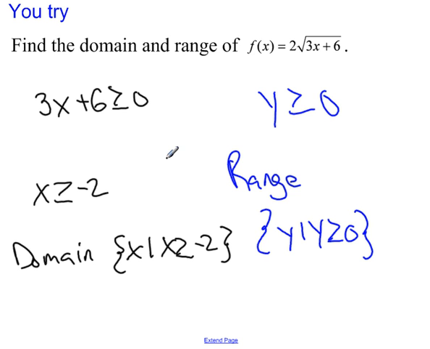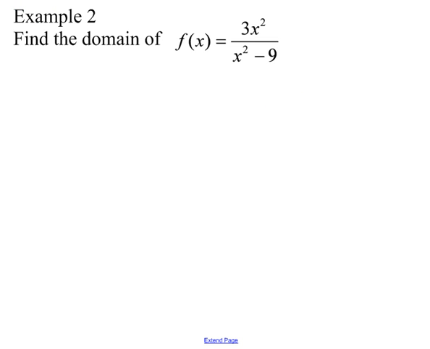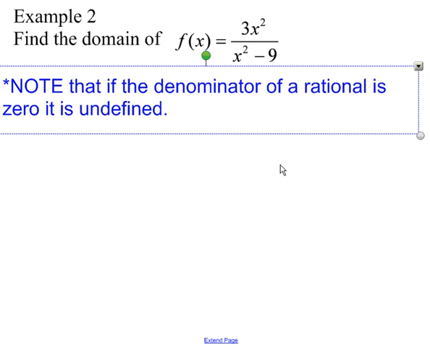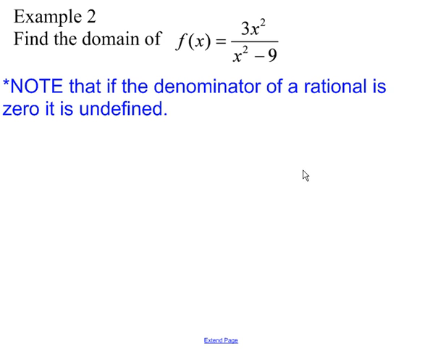Okay, let's try another type of function. Here we have a rational function and we're asked to find the domain. So this time it's important to note that if the denominator of a rational is 0, it is undefined. So this is a rational function, and we know that we cannot have 0 in the denominator.